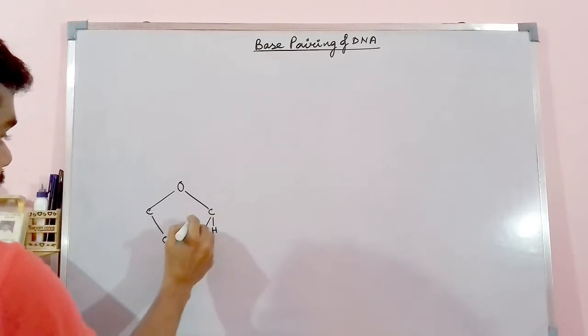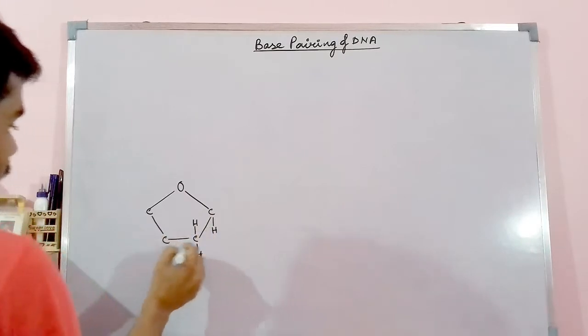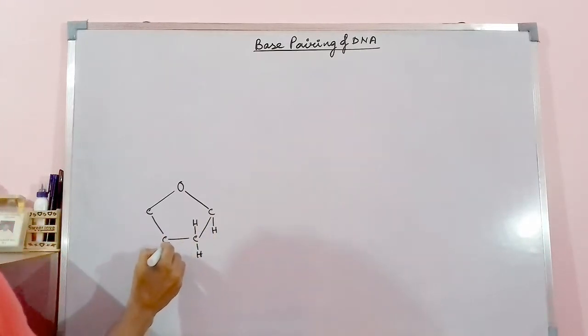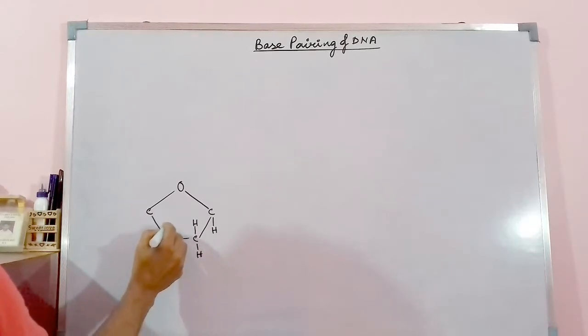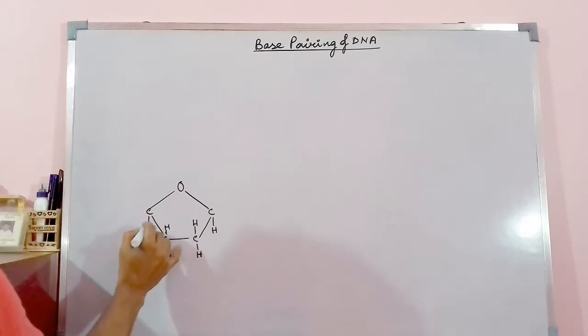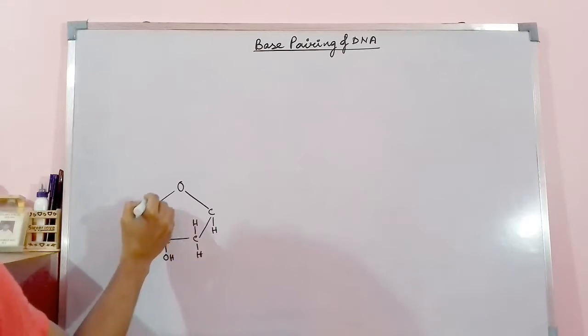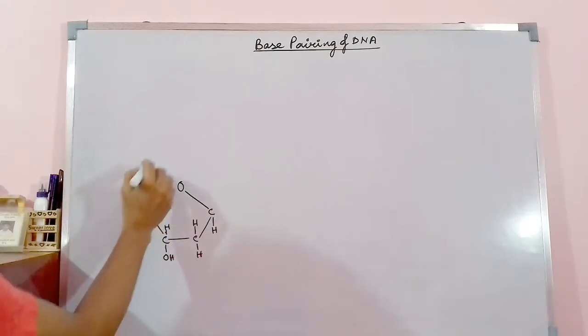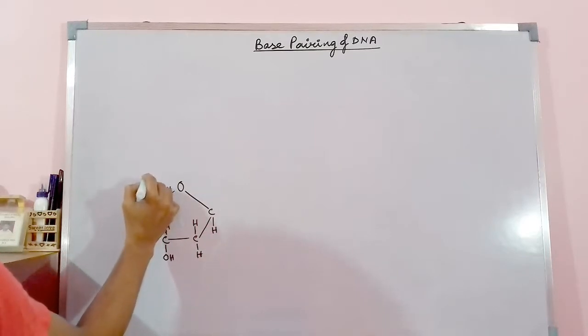I am drawing the structure of DNA, that's why it is deoxyribose. The second carbon will not have the hydroxyl group, whereas the third carbon will have, H and CH2OH. Now, let me draw the phosphate group present here.